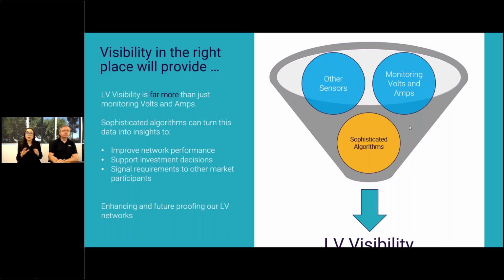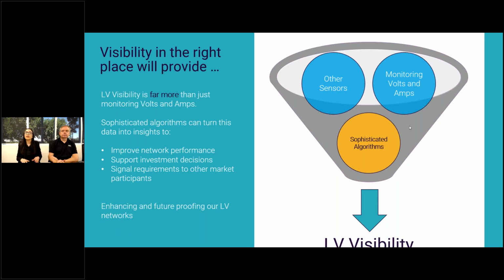We also can use whichever other sensors may already exist in the substation, such as transformer temperature sensors. We then take all this raw data and put it through sophisticated algorithms to create applications. This is the way we collect, process, and action the data. This approach has given us insights to improve network performance, support investment decisions, and signal requirements to other market participants.